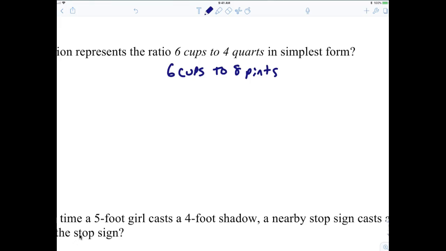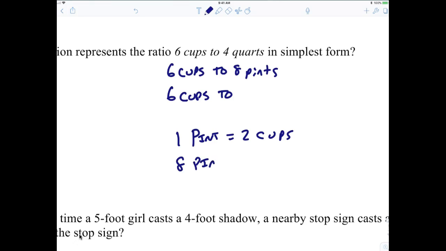Now, if you have 8 pints, how many cups in a pint? 2, right? We just said 2. So now look. 1 pint has 2 cups. If I have 1 pint, I have 2 cups.